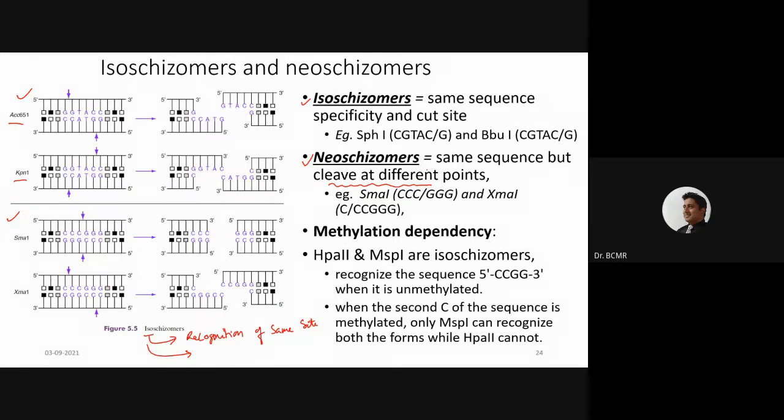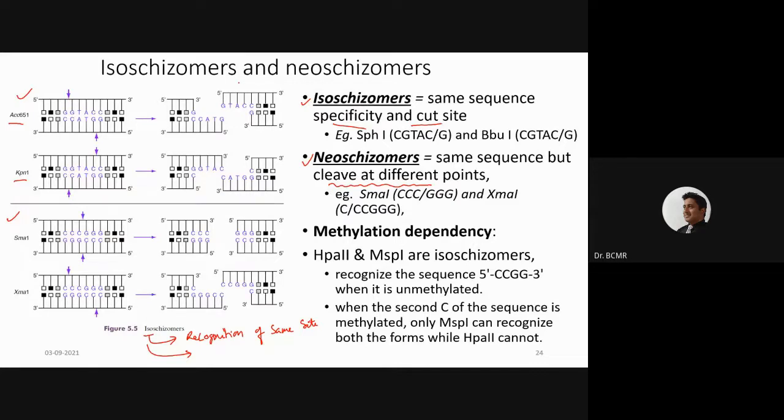Those that are isoschizomers and not neoschizomers recognize and cut at the same site. I hope that is clear. We have to remember that neoschizomers are a subset of isoschizomers, where the recognition sites for 2 different enzymes are the same, but they cut at different points. The rest of the isoschizomers recognize and cut at the same site.